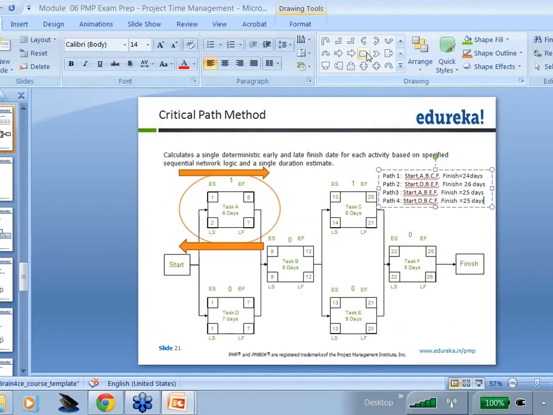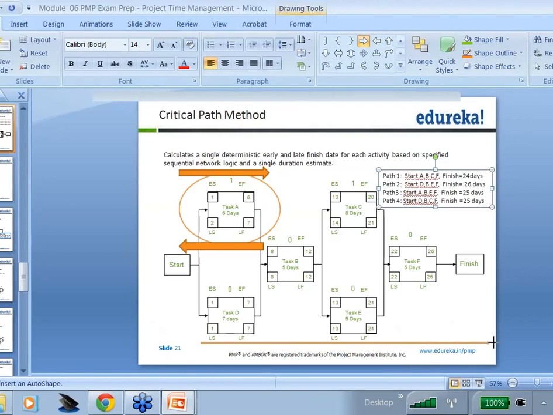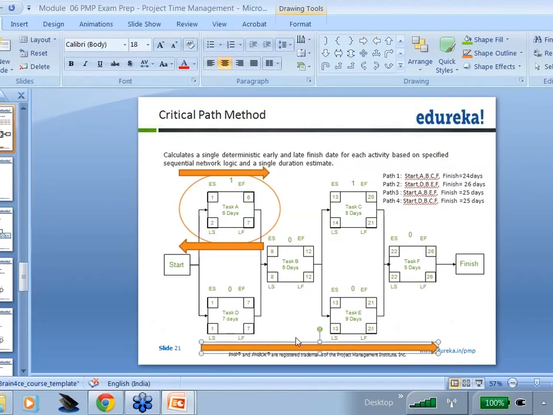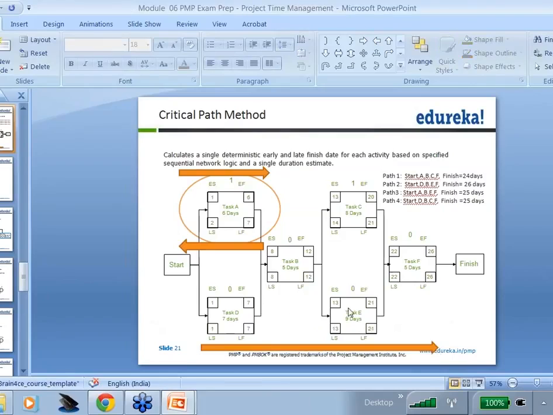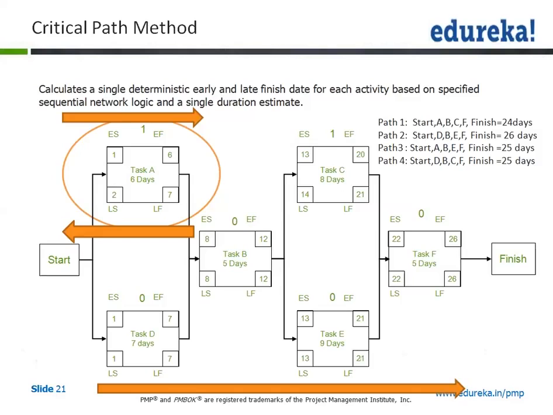If I have to highlight that path, the critical path is actually here. It goes through task D, task B, task E, task F.